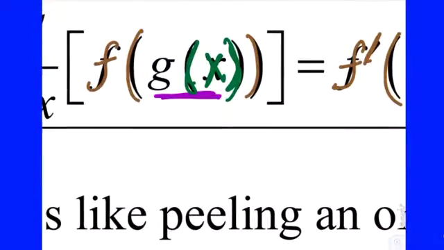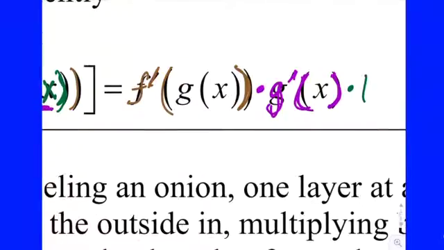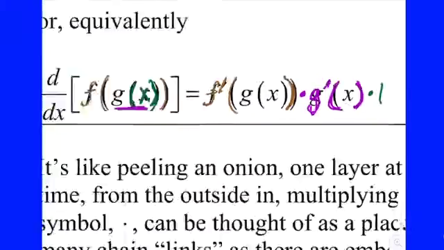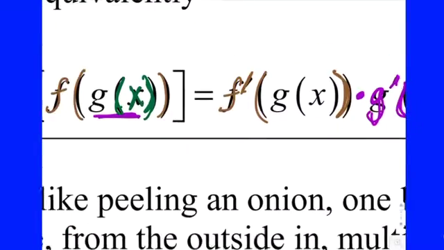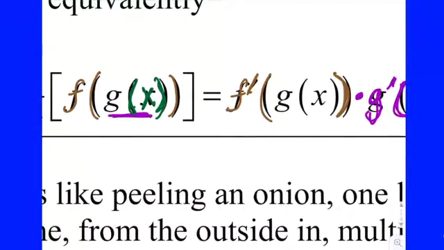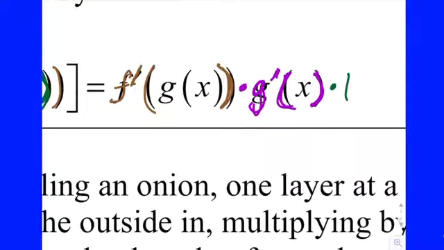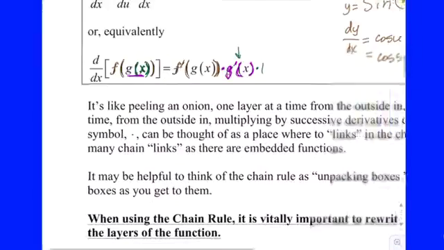When you see f of g of x, that's 2 functions, so you're going to have 2 derivatives. And if you think about it as unpacking boxes, that's helpful because the big box is f, and so things inside of it have to be smaller. As you continue to take derivatives, those subsequent derivatives will be smaller in nature, okay?